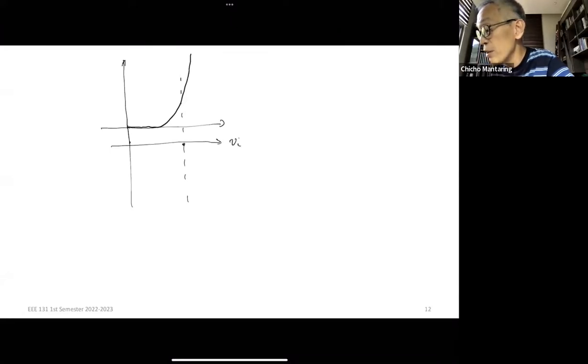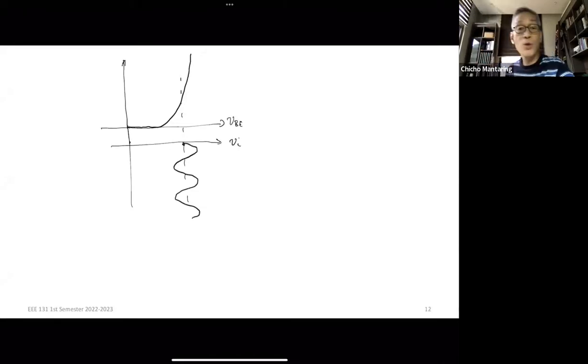Ito yung VI, ito yung VBE. Gusto ko nandiyan yung signal ko. Kasi kung nandiyan yung signal ko, habang gumagalaw tong VI na to, yung current ko naglalaro between here and here.